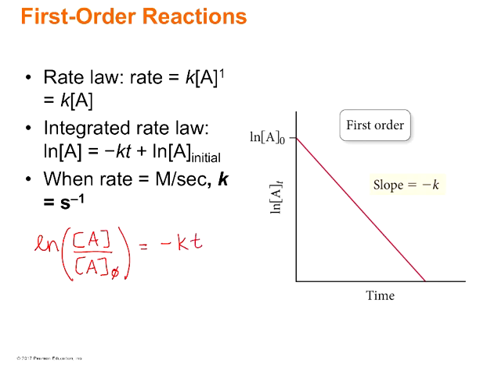And now I'm just going to plug in the concentration of A after we've lost half of it. So we'll just substitute in 1/2 of the initial concentration of A. And then we'll set all of this equal to negative k times t 1/2.